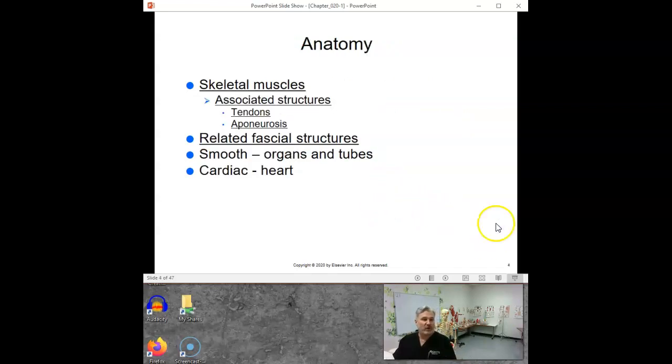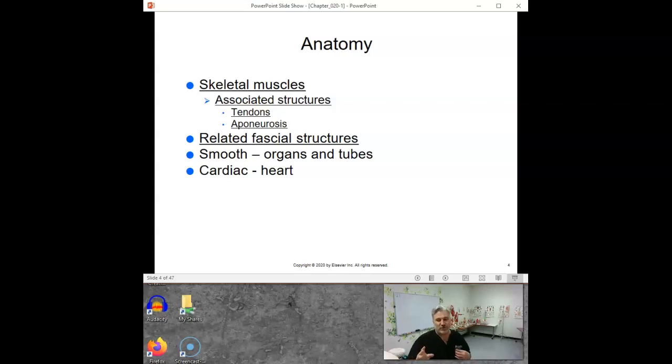Okay, moving right along. Just like we said, the integumentary system was hair, skin, and nails and related glands. And then we said the skeletal system is bones, joints, ligaments, and any associated soft tissue around those joints.